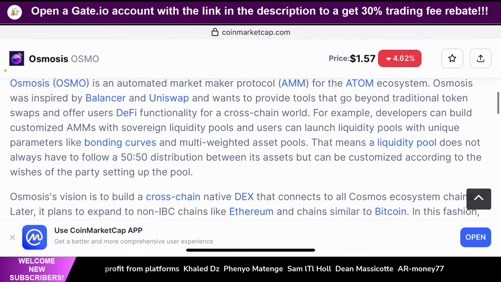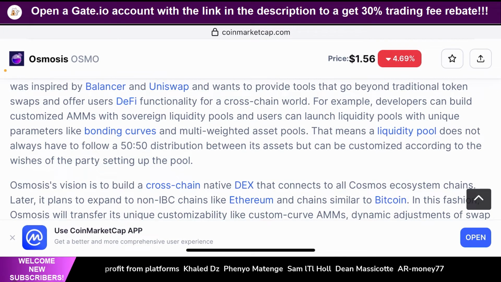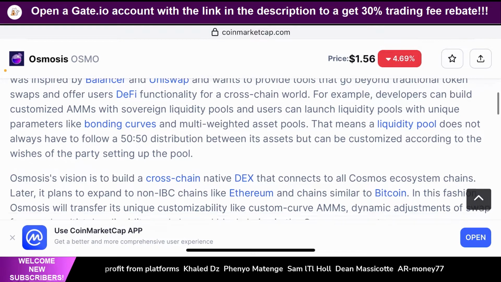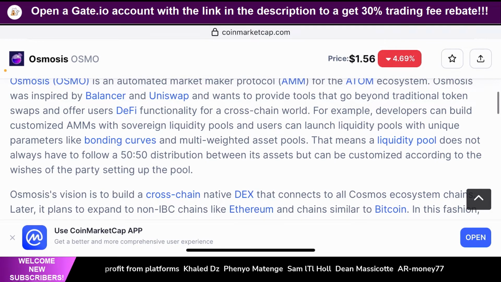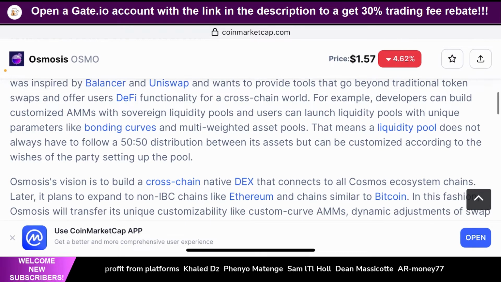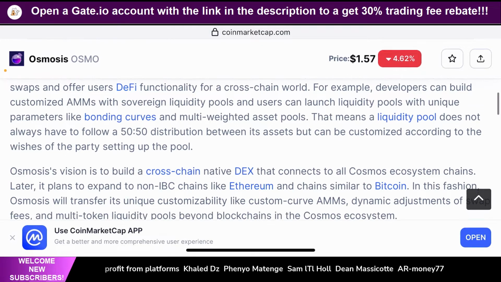Osmosis' vision is to build a cross-chain native DEX that connects all of Cosmos' ecosystem and chains. So later it plans to expand to non-IBC chains like Ethereum and chains similar to Bitcoin. So obviously the long-term vision for Osmosis is to not just be within the Atom ecosystem, because they clearly want to become a multi-chain platform.